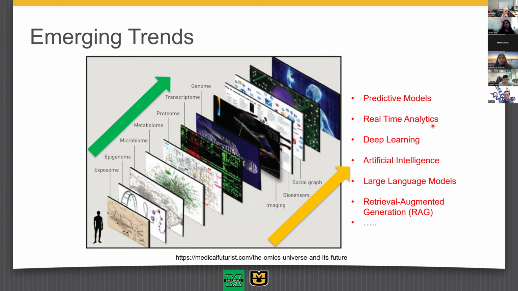You can do real-time analytics and make decision-making much more seamless, apply these emerging deep learning, AI, large language models, and RAG type of technologies, so that now you're not just simply collecting data and making decisions, going up to the step of analyzing it, but simultaneously building a framework so that you can use information at a population level to really understand what is happening from all of these studies and bring it back to your own patient population.